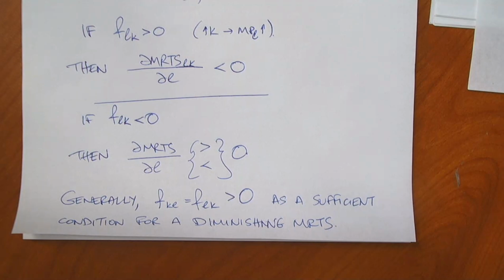Diminishing MRTS means that these functions are convex and what we call well-behaved in economics, in the same way that you were using well-behaved functions when you were doing utility in the consumer theory part. So that's all for today, and more on producer theory when we come back.